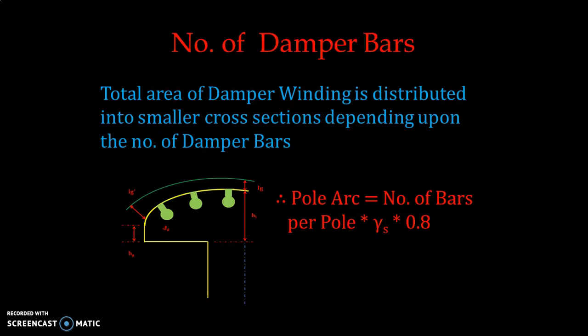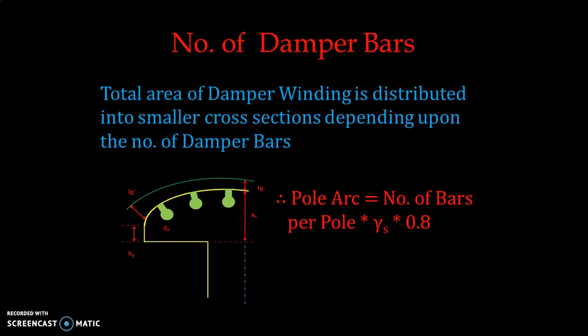Now it is very important to understand here that in case of damper winding, the damper slot pitch is considered as exactly equal to the stator slot pitch. So gamma S, as shown in this figure, is the stator slot pitch. In case of damper winding also, the damper bar slot pitch we can consider as exactly equal to the stator slot pitch.